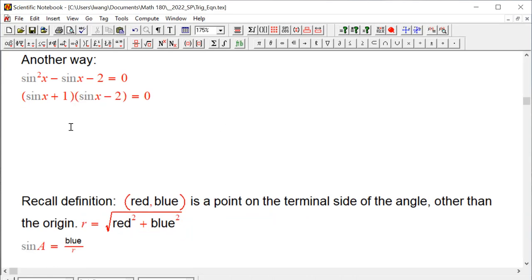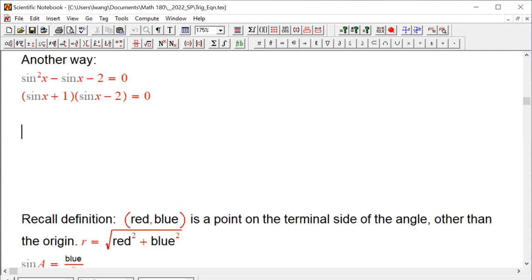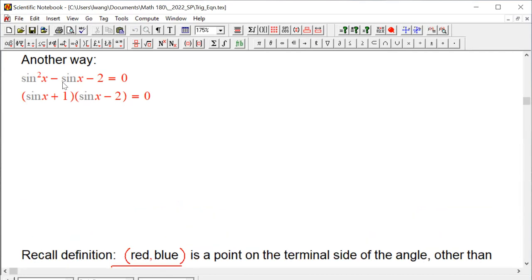At this step, you recognize that sine x minus 2 is always going to be negative. This number will never be 0.